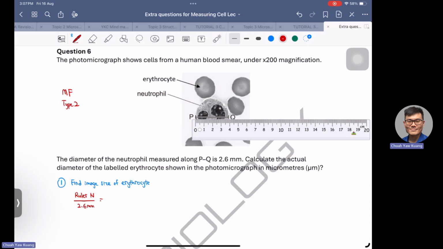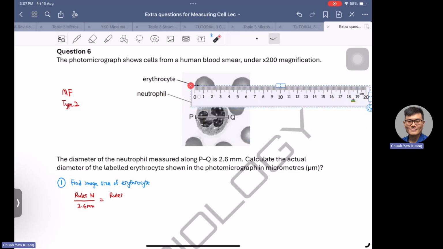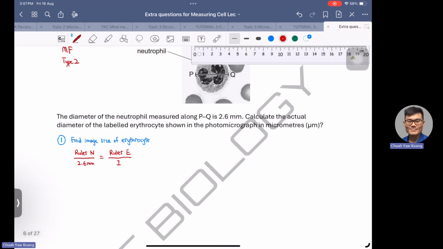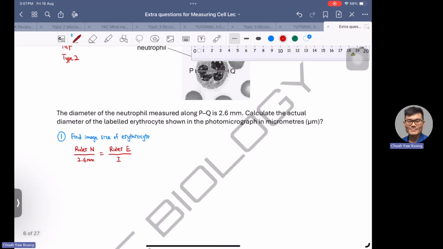Then it will be equal to when we use our ruler to measure the erythrocyte, so that will be ruler E, divided by the image size that we want to find. What is the image size here? Based on that, now we will make the measurement.